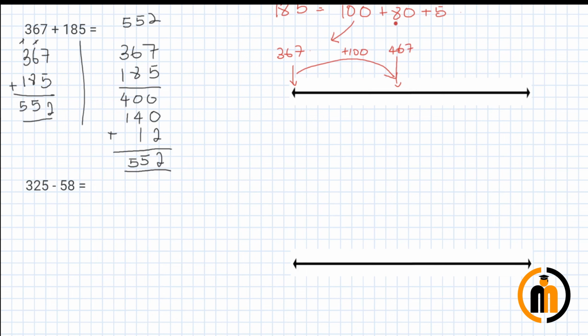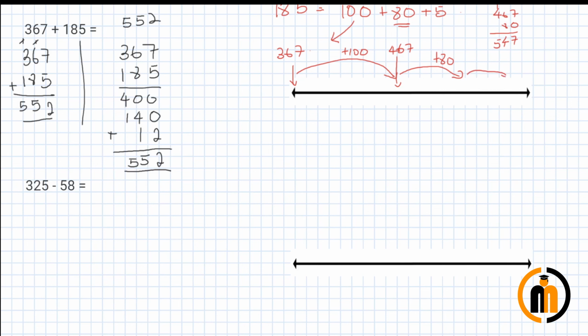Then we have to add 80, so let's do that. 467 plus 80 will give us 547. And lastly, we add the number 5.